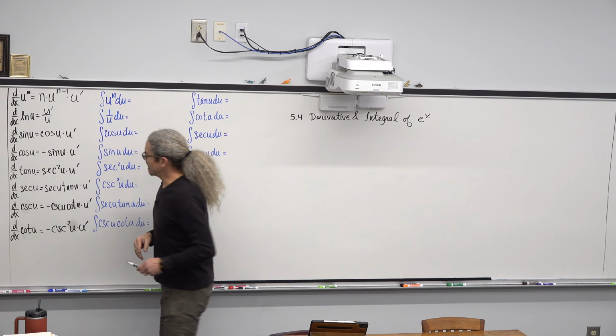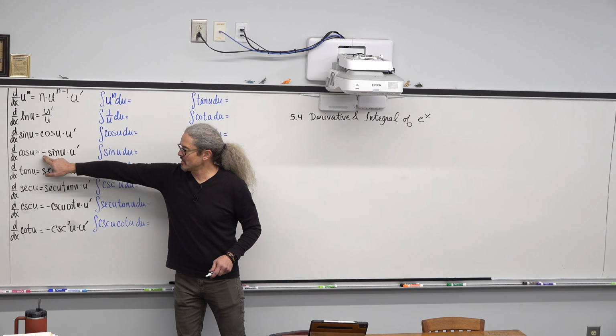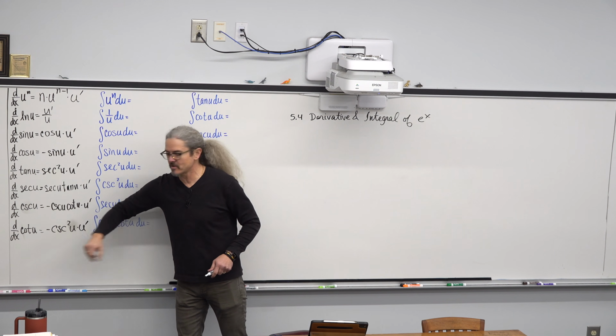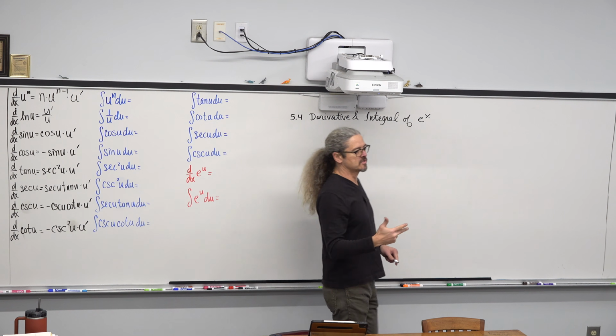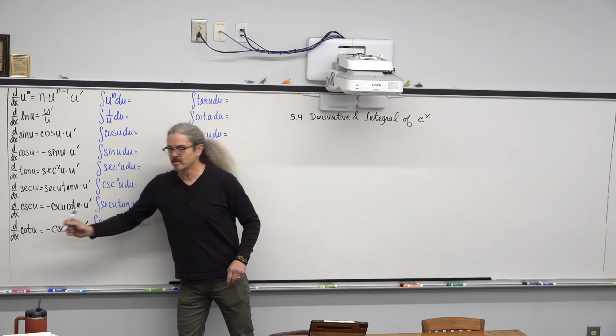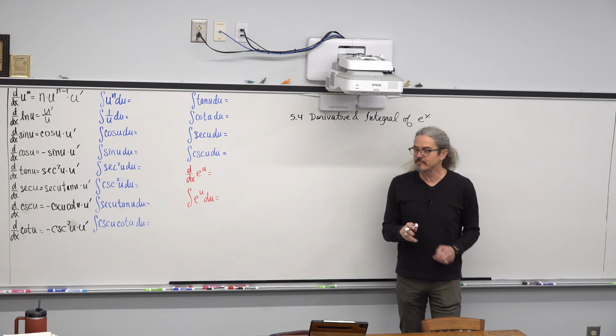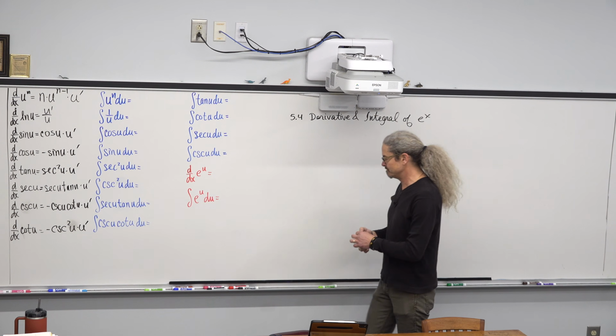Don't forget, it doesn't sound like anybody's forgetting anything. Those are nice choral answers. All of your cofunctions, your cosine, cosecant, cotangent, the derivatives of all of those are going to be negative. You'll see that same pattern when we do derivatives of inverse trig functions coming up soon.